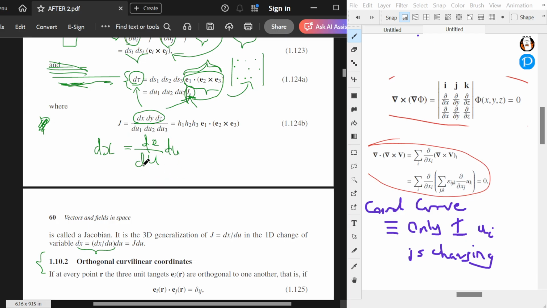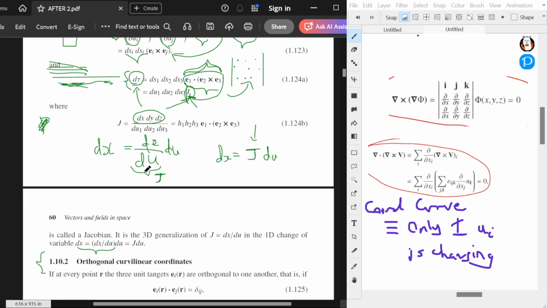Okay. And then you call the thing in front here J apparently. So you can be like, oh, look, I changed the variable by just adding this number, but it's not actually a number.